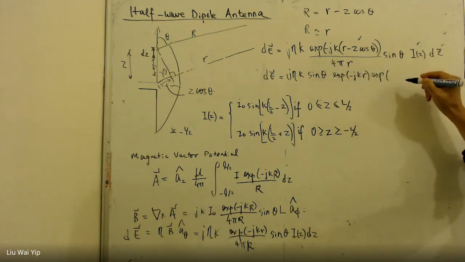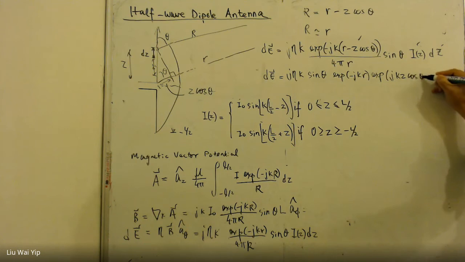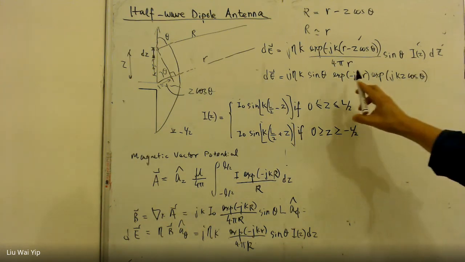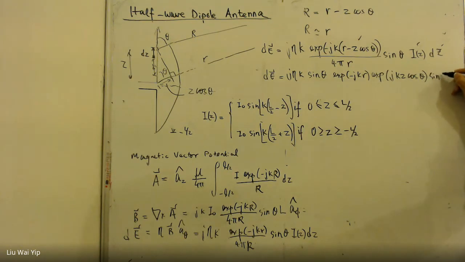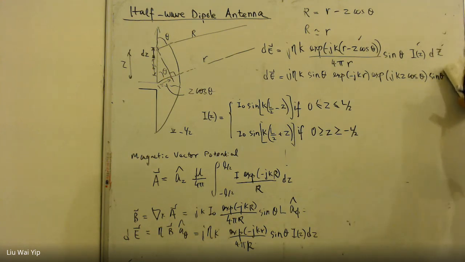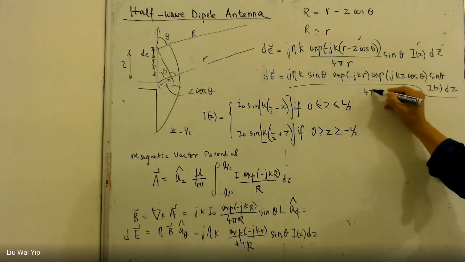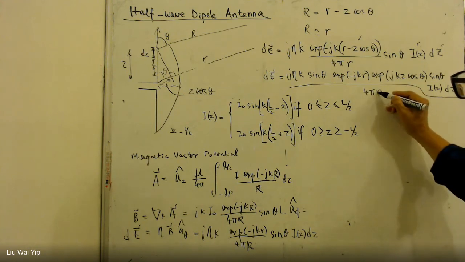This one minus this one, which is J, and then K Z cosine theta. And finally, sine theta and IZ DZ. And then the whole expression is going to be divided by 4 pi small r.